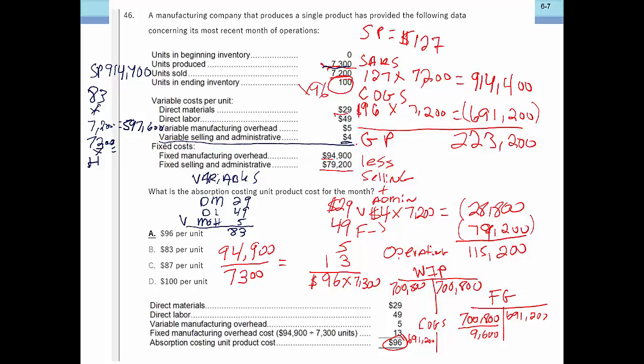So times 4 is going to be what? 29,200. Okay, good. So I got my 29,200 that I'm going to take off.